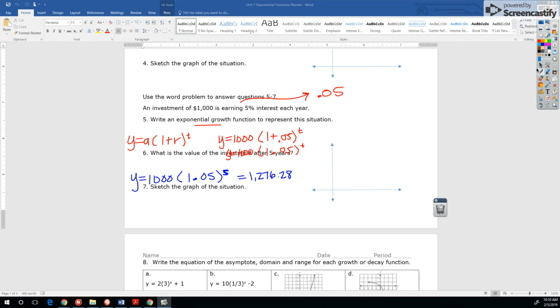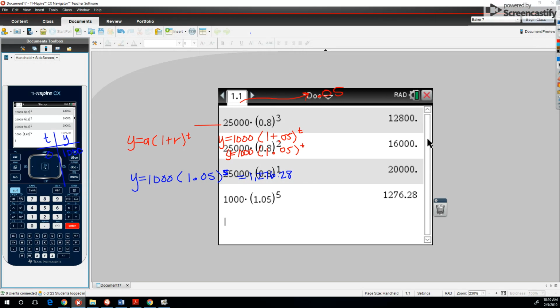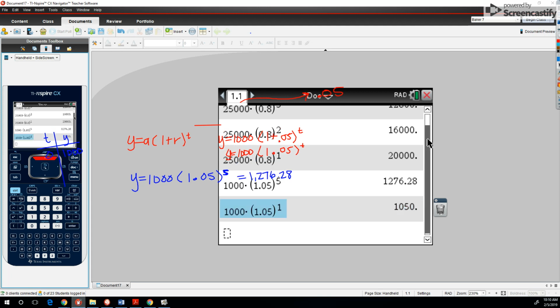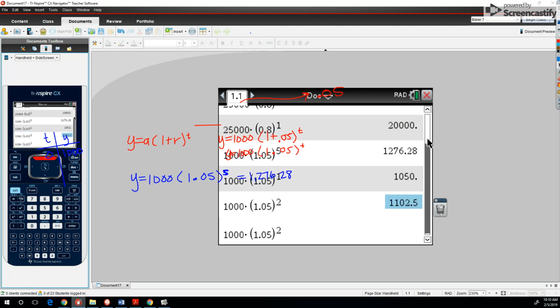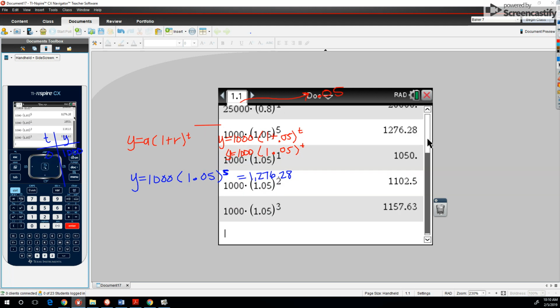Okay. So again, just like I did last time, I'm going to make a little bit of a table here and get some other values. I know I'm starting at 1,000 and I'm going to use my calculator to get a couple more. I'm going to see what happens after 1 year, after 2 years, after 3 years. So I have 1050.